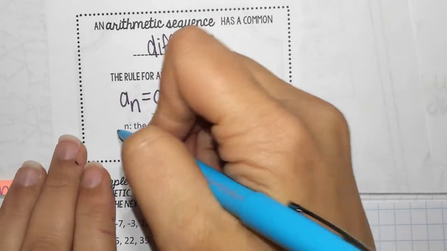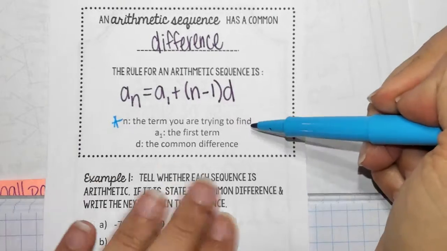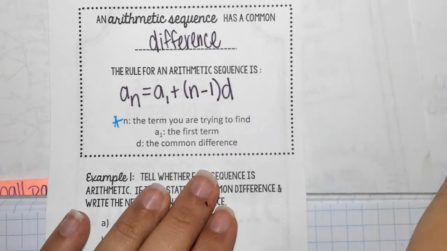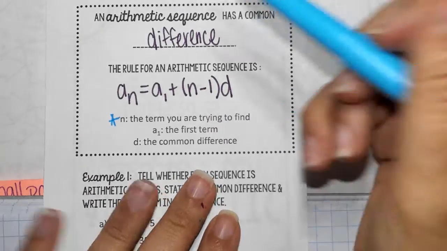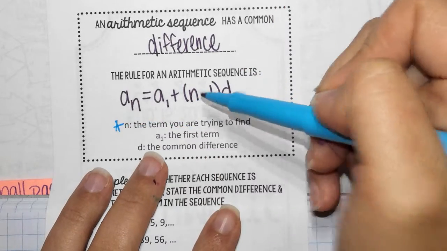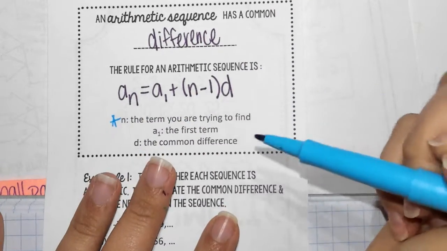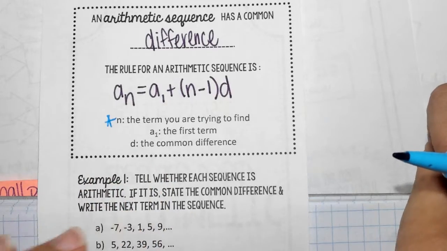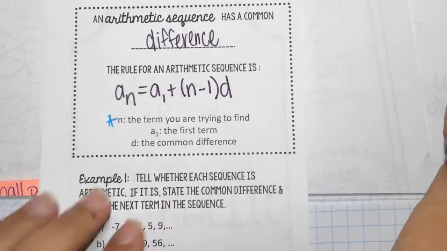Now, n is the term that you're trying to find. So if I ask you to find the 23rd term, what are you going to plug in for n? 23. If I ask you to find the 54th term, what would you plug in for n? If I ask you to find the 6th term, what would you plug in for n? If I ask you to find the Batman term, what would you plug in?